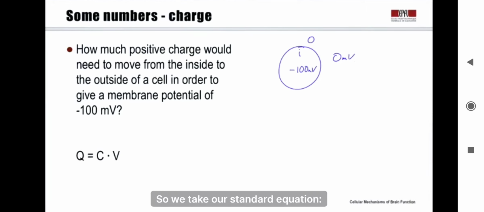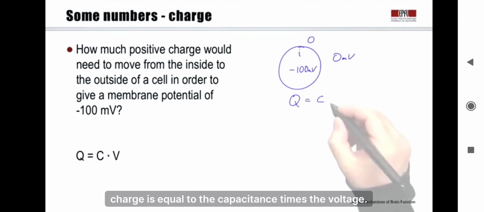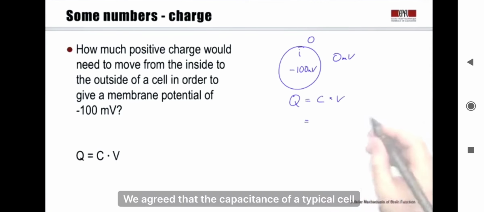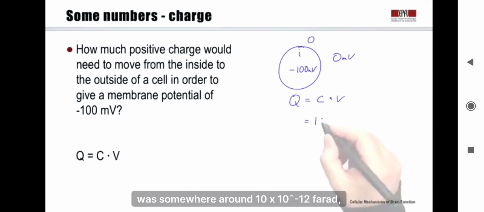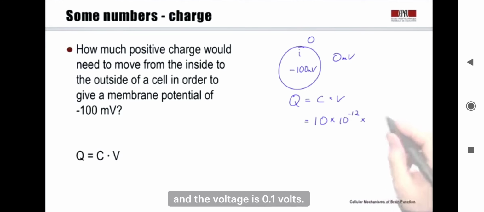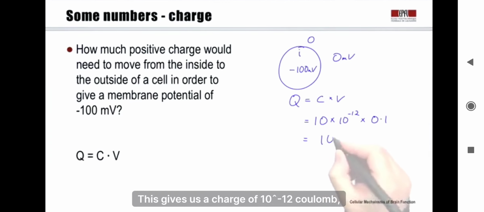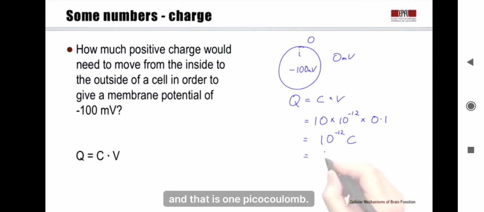So we take our standard equation, charge is equal to the capacitance times the voltage. We agreed that the capacitance of a typical cell was somewhere around 10 times 10 to the minus 12 farad, and the voltage is 0.1 volts. This gives us a charge of 10 to the minus 12 coulomb, and that is 1 picocoulomb.